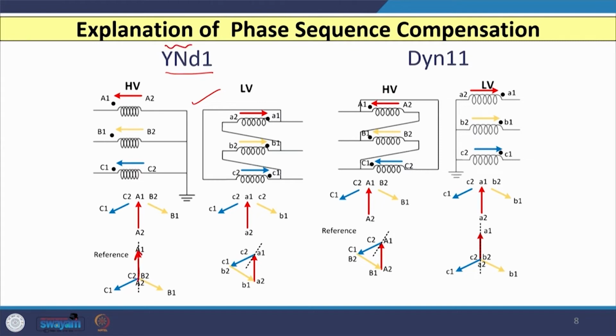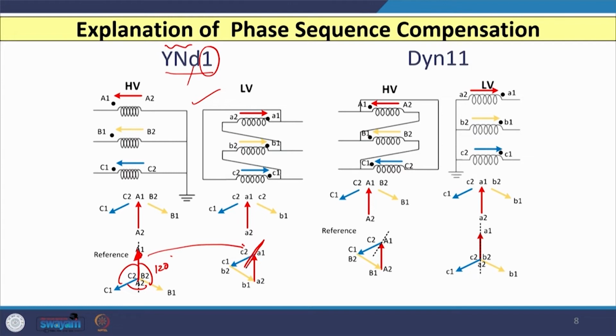So, you have the three connections, they are 120 degree apart phasors and this is your reference phasor, and on LV side which is delta connected, if you draw, then you have the reference phasor like this, and if you compare these two, as the name suggests, it has 1 o'clock connection. So, that means your LV winding phasor is lagging with reference to HV winding phasor by an angle 30 degree.